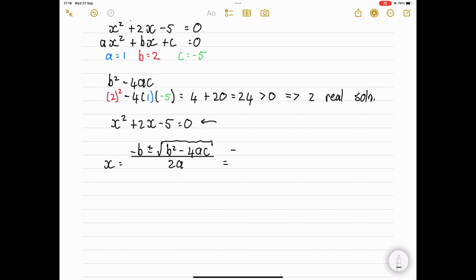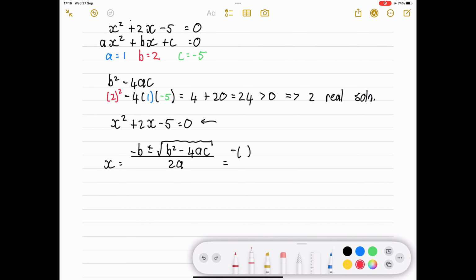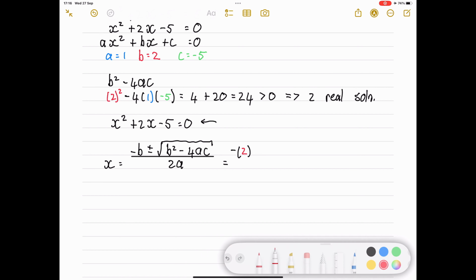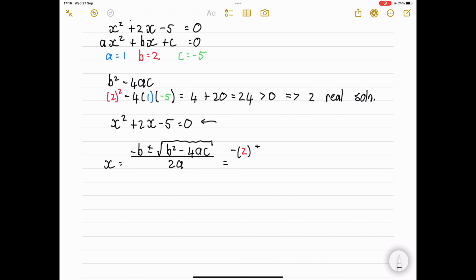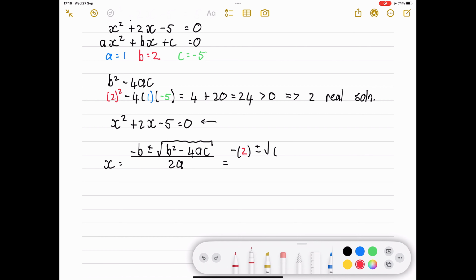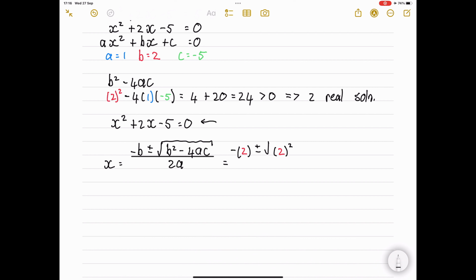So you get your b as 2, then plus or minus the square root of b again, which is 2. Don't forget the square. Then minus 4.